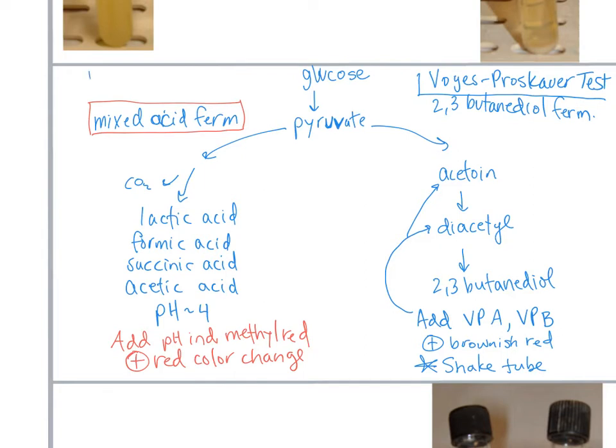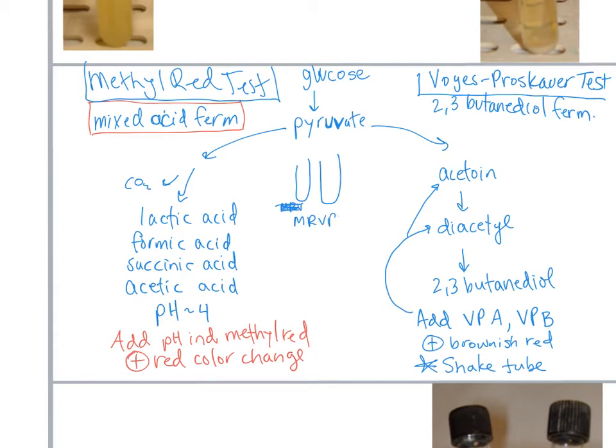Okay, so we have the Methyl Red test, testing for the mixed acid fermentation, and the Voges-Proskauer test, which tests for the 2,3-butane-diol fermentation. Okay, the media that you inoculate is MRVP broth.